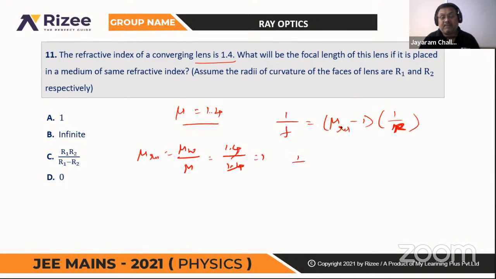Then 1 by f is equal to 1 minus 1, which is 0. So f should be tending towards infinity. So this is our basic question. Your answer will be B, that is infinite. Okay, next one.